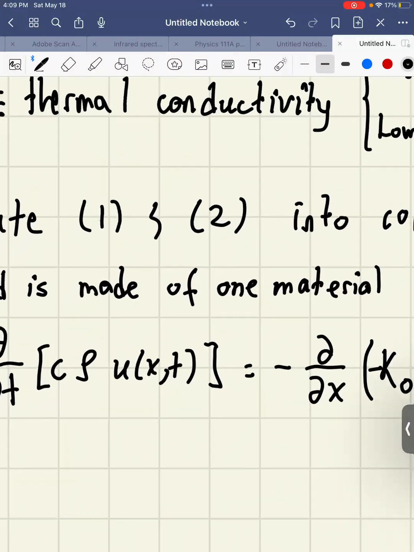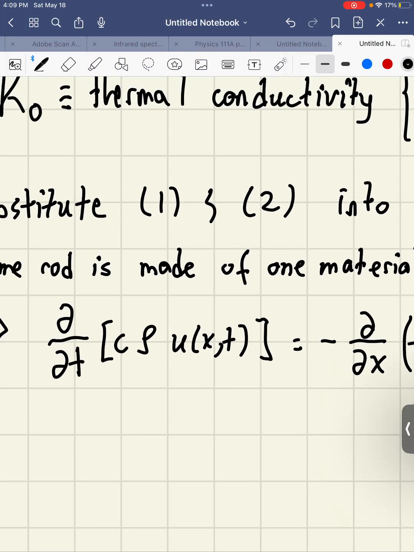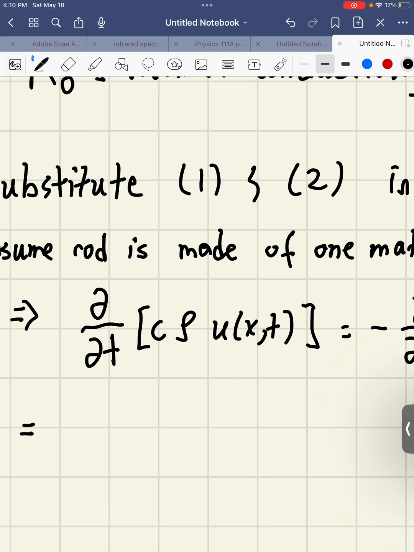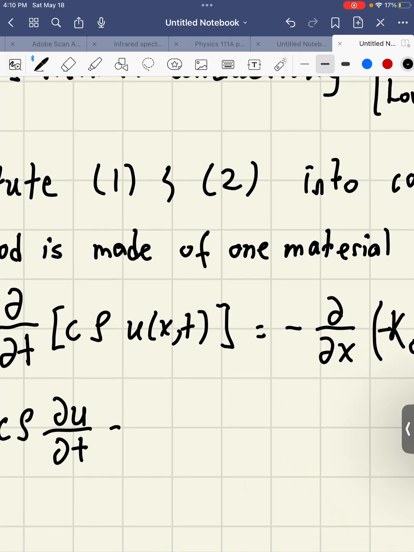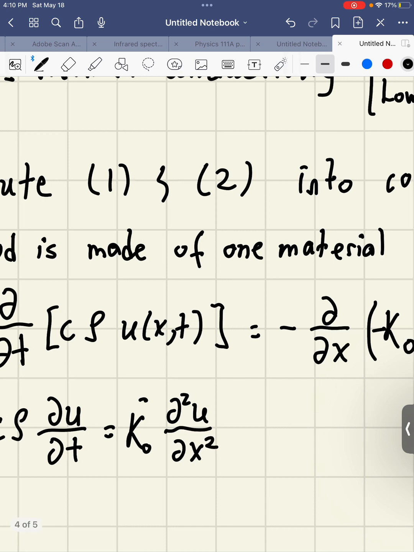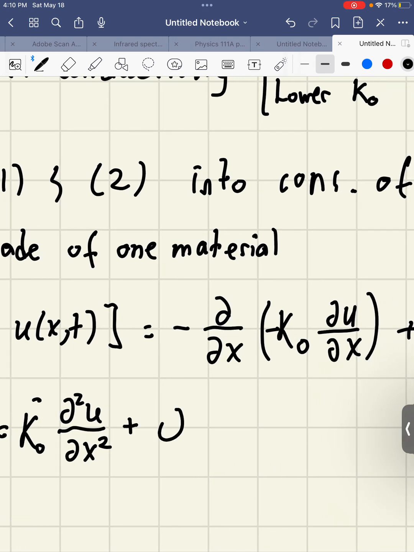Now I can simplify this. So that's c times rho times partial u partial t, equal to k naught times the second order derivative of u with respect to x, plus our q.